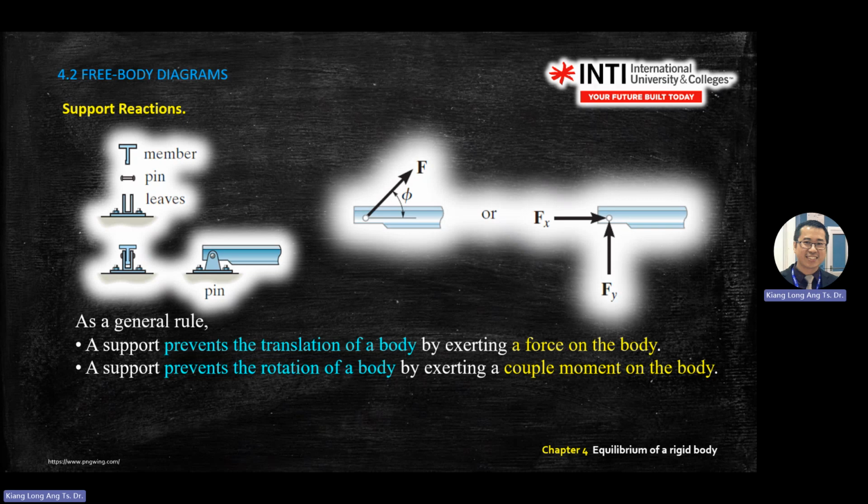Or you can write F sub A Y if you want, also can. But for a simple answer, just use the alphabet to represent the force. Or in my slides later, when you see reaction forces, I will purposely change the color into green or purple color.